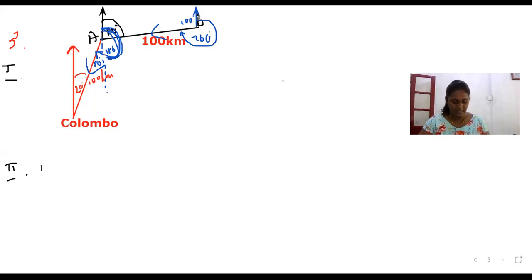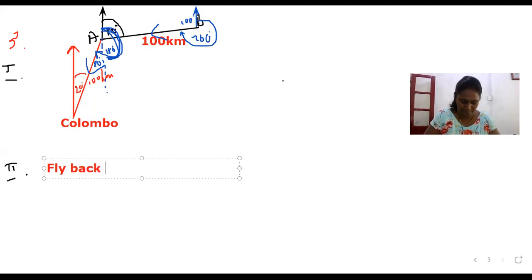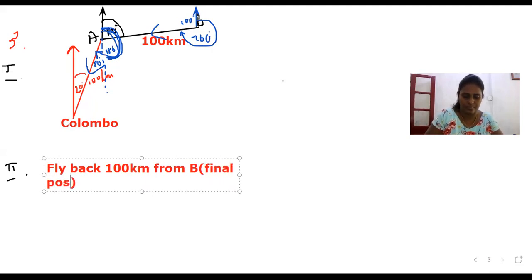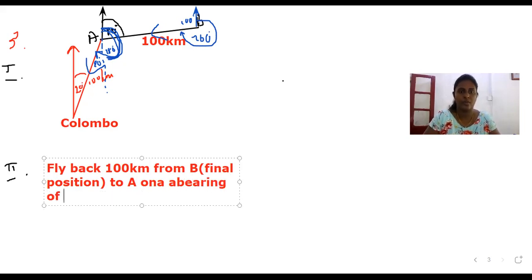Now you have to explain it in words. Then we'll explain it in this way. Fly back 100 kilometers from B. From B means the final position. Right? The previous journey's final position we consider as B. From B to A on a bearing of 260 degrees.